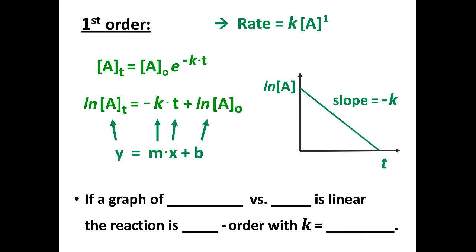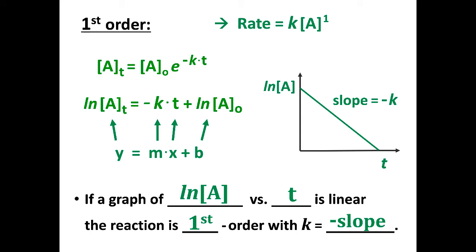And as noted, if we don't know the order of the reaction, and we graph ln of A versus t, and that turns out to be linear, then that means the reaction is first order, and the rate constant equals the negative value of the slope.